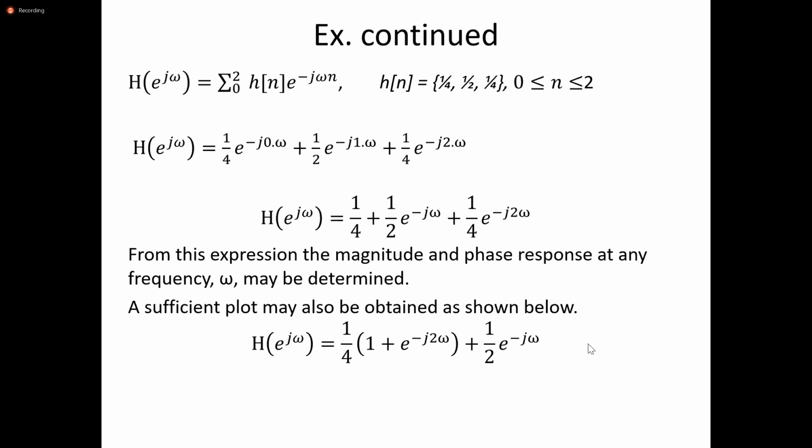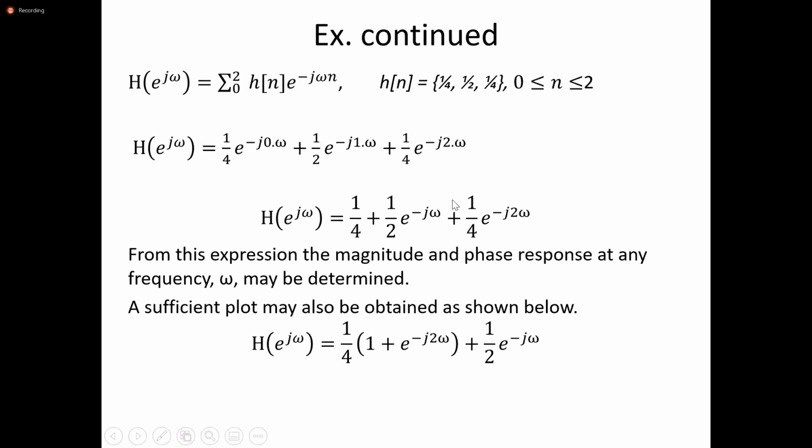So each of these can be expanded. We can get the value and we can calculate what our response is. We may also, in some cases, be able to do a simplified plot as we show here now.